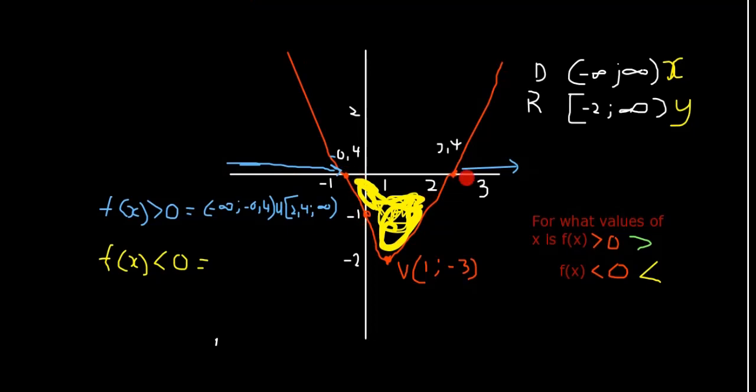That's the only portion where y is going to decrease: negative 1, negative 2. The y is decreasing. So the answer here is negative 0,4 up to 2,4. That's the answer for this one.